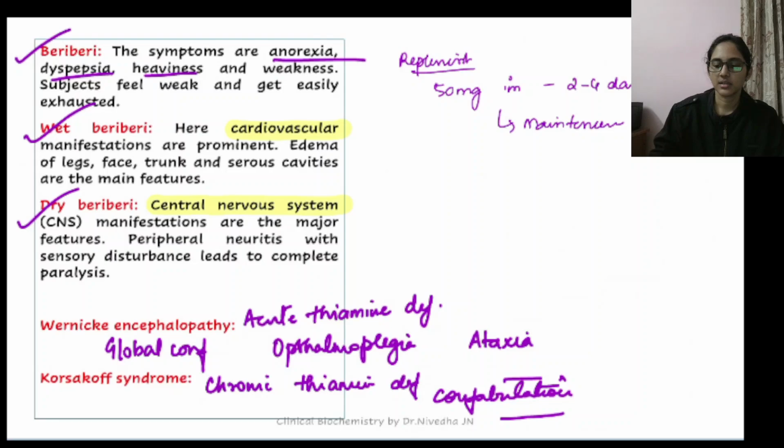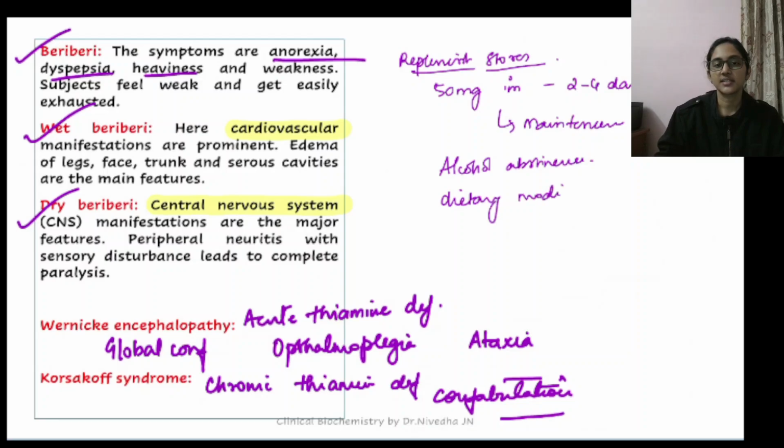So this is how you replenish the thiamine stores. You also advise the patient to stop alcohol, and dietary modifications. Not just polished rice, you must have all other sources of thiamine also, like hand pound rice, unpolished rice. So this is how you treat the thiamine deficiency.